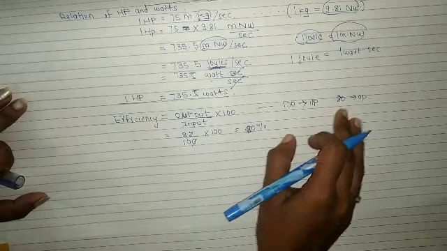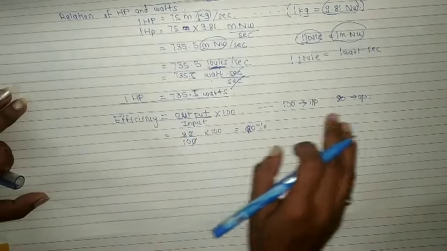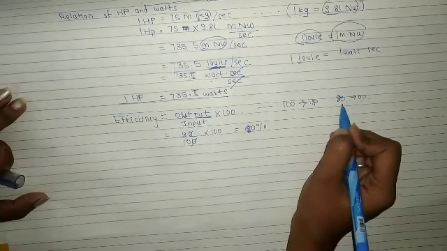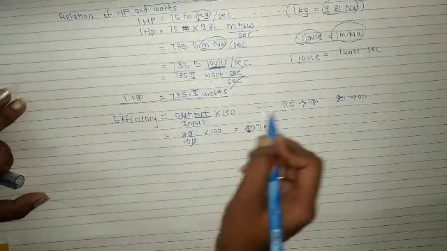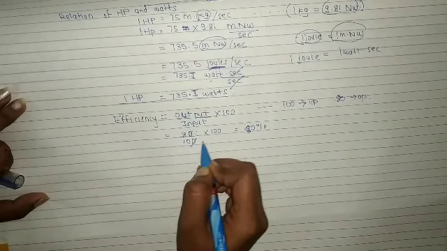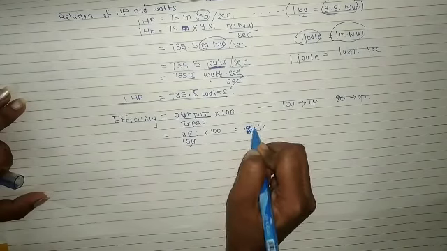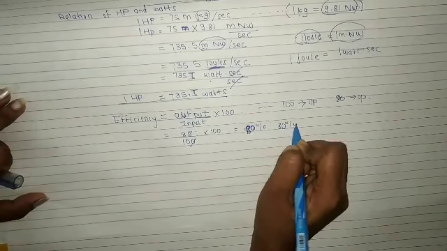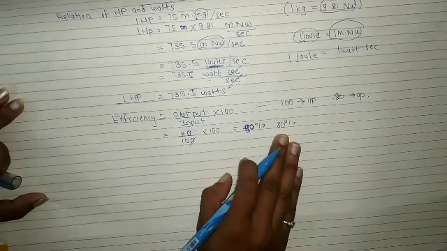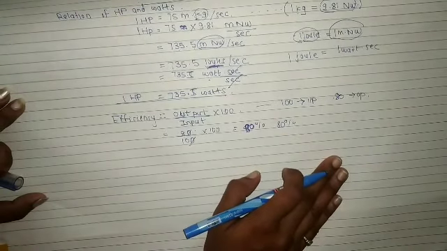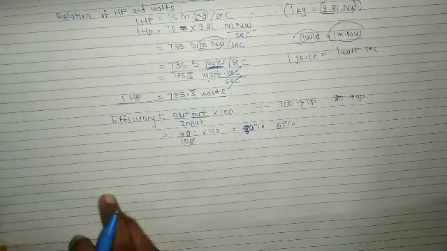In the efficiency formula, output upon input, we substituted the value of output, that is 80 marks, and input, that is 100. Efficiency is calculated in percent, so efficiency here is 80. Right? So the efficiency of that student is 80%. Similarly, in electrical, we have to calculate the efficiency. The formula is the same. Now we'll see the examples.